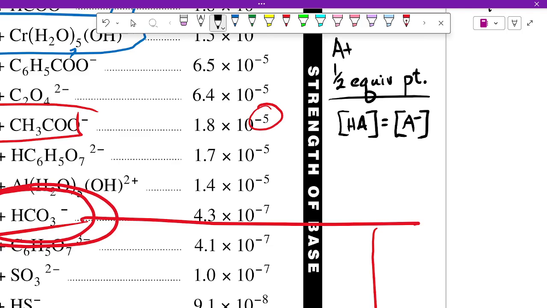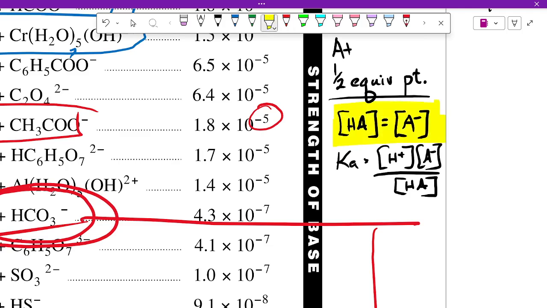Okay, so that's at the half equivalence point. You've neutralized half the acid. Those two concentrations are equal. And if those two concentrations are equal, then your Ka, which is H plus times A minus over HA, what can we do there? We can cancel those out, yes, because they are approximately the same.